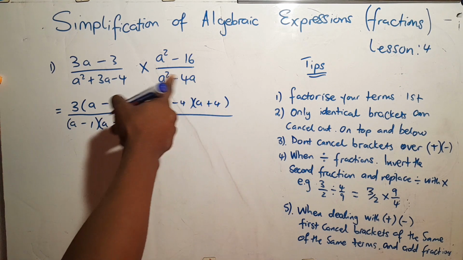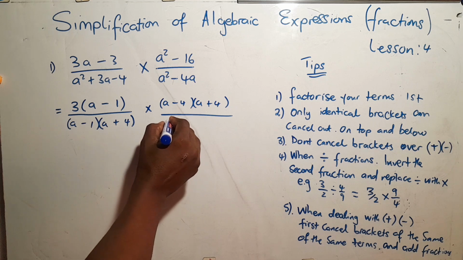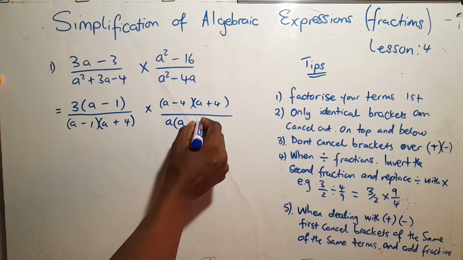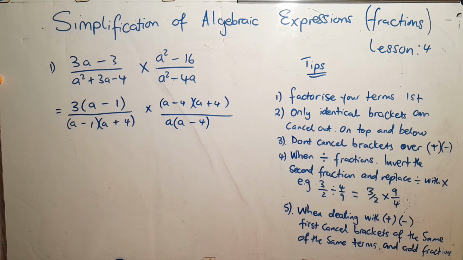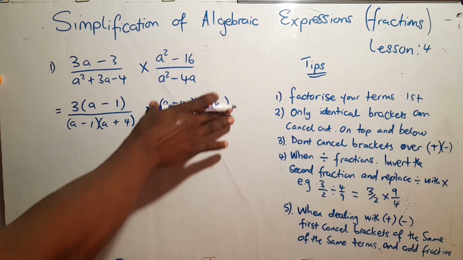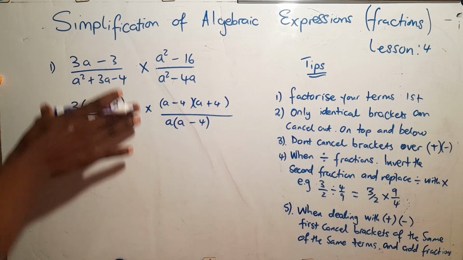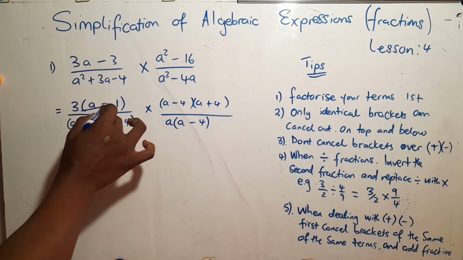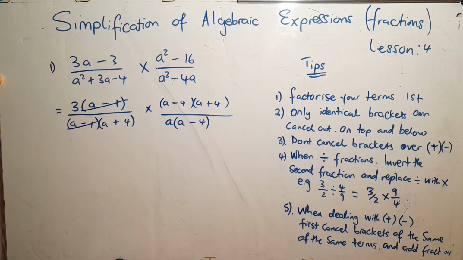And here again we can see that there's a common factor, which is a. So we can factor out a, and we'll be left with a minus 4. So since now we are dealing with multiplication, the factors in these terms can also cancel. So here we can see that this bracket a minus 1 is common here, so we can cancel that out.